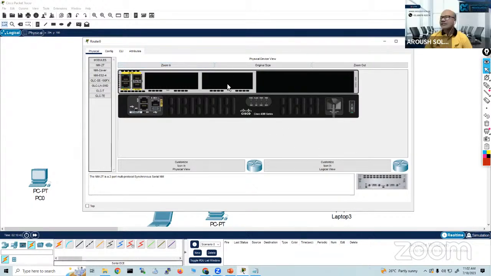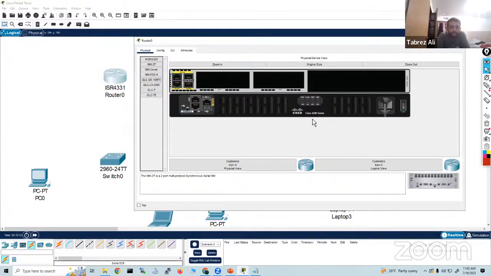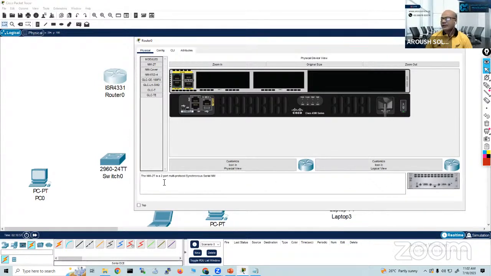We can see there is no serial module inserted inside your router. As we can see, the NIM-2T, a 2-port multi-protocol synchronous serial interface, is already available. Just take this and drag and drop it here.